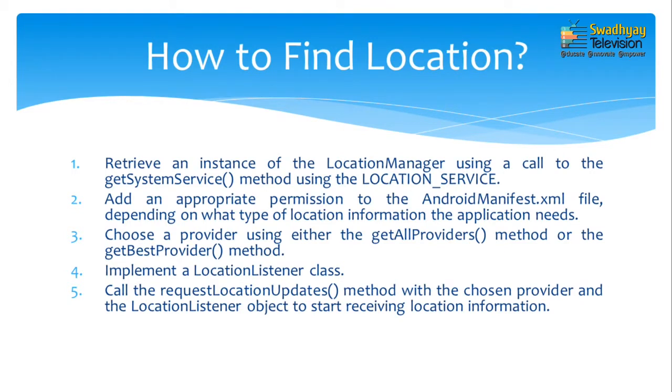So, first we create an instance of the location manager, then we add the appropriate permission to the Android manifest file. That means, we want to use these features depending on what type of location information the application needs. And the third step is to choose a provider using either the getAllProviders method or the getBestProvider method.